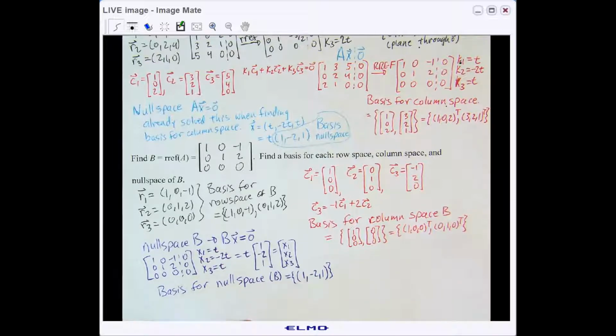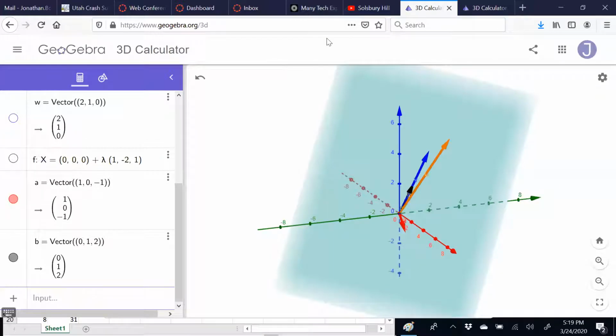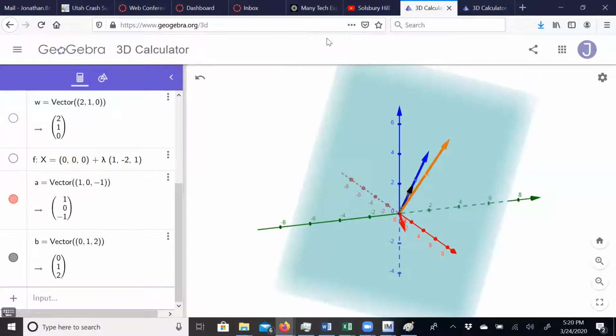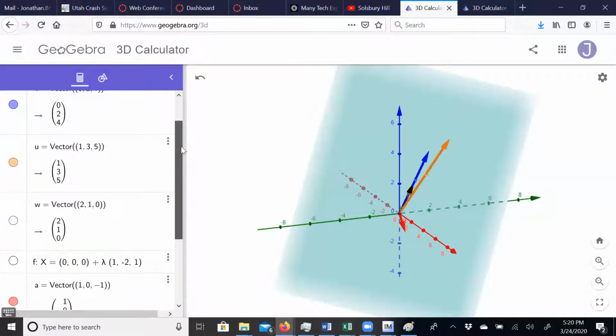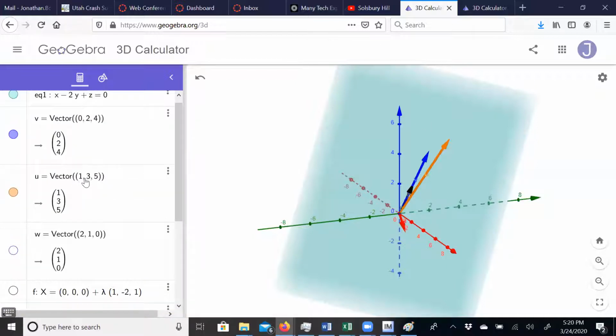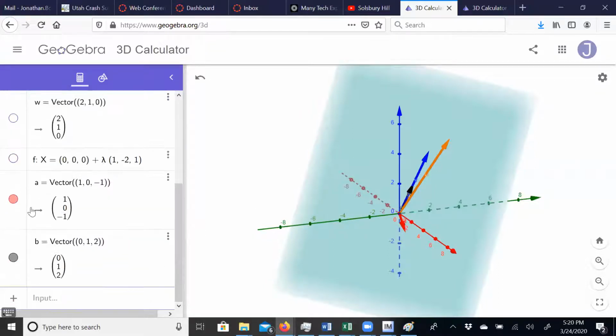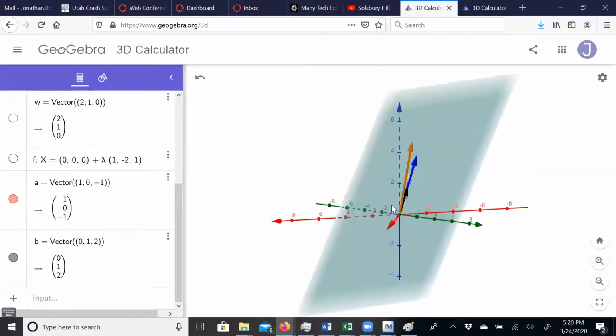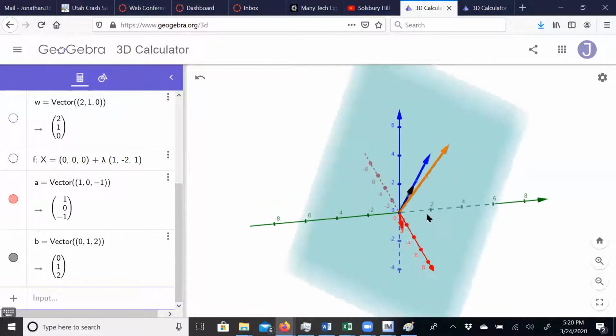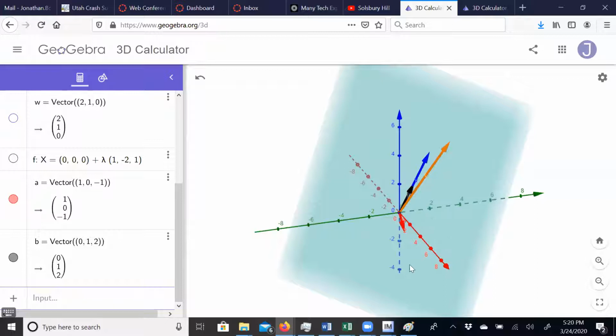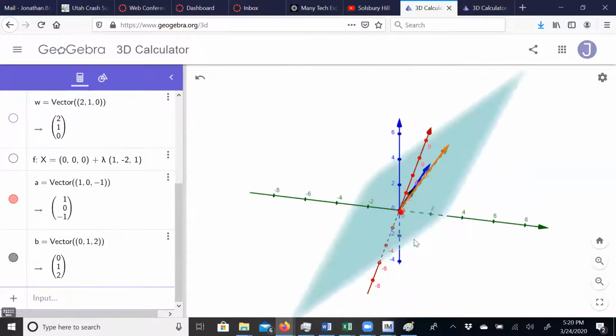Now, let's take a look at the two bases for the row space. So remember that we have in blue and orange the 1, 3, 5 and 0, 2, 4 vectors, and in red and black we have the 1, 0, negative 1 and 0, 1, 2 vectors. And notice that those two pairs of vectors are still in the same plane.